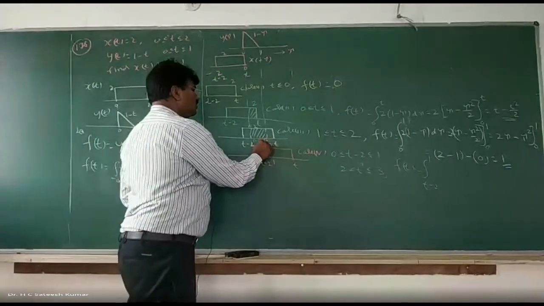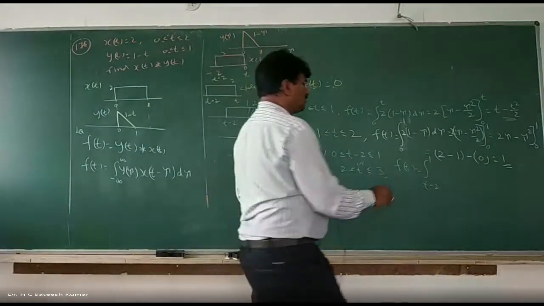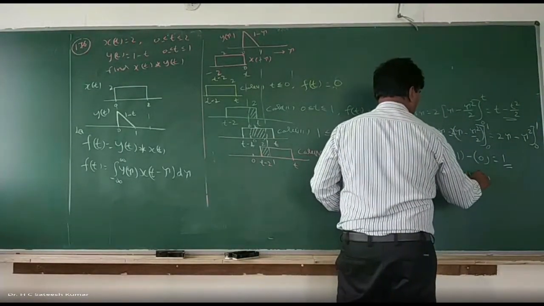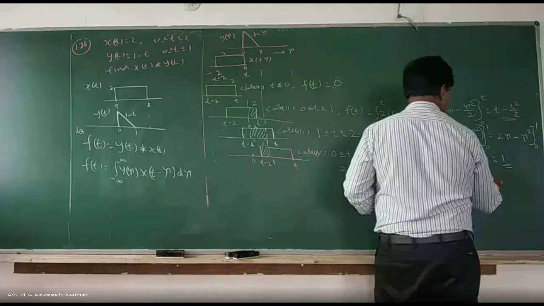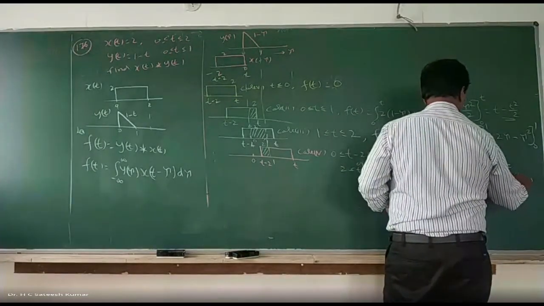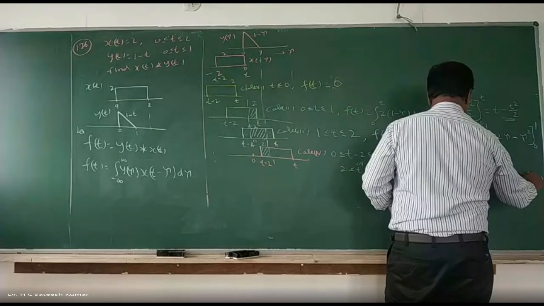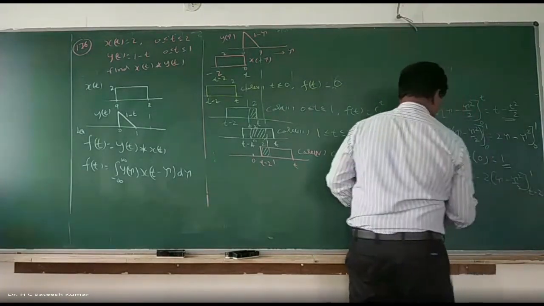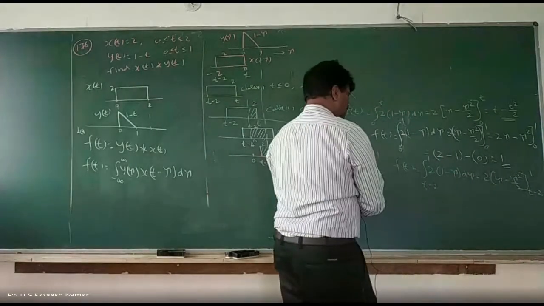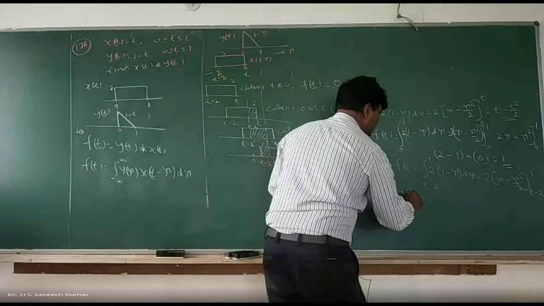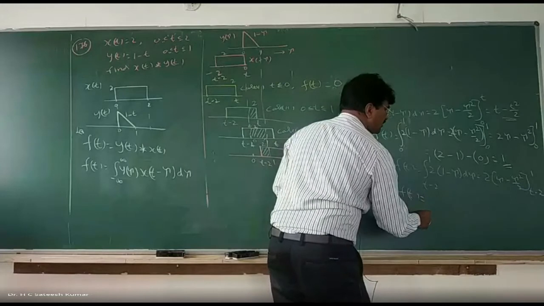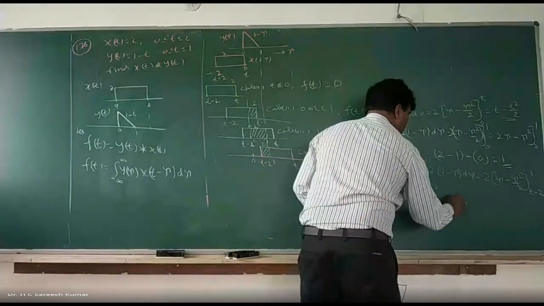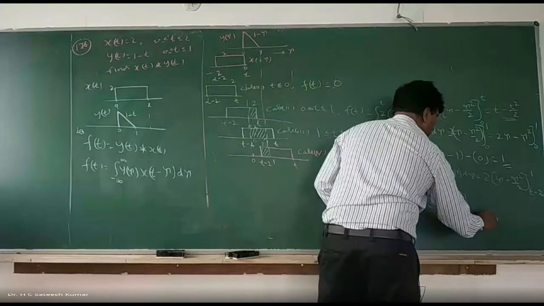Amplitude is 2. 2 into 1 minus tau d tau, which is equal to 2 into tau minus tau square by 2 between the limits t minus 2 to 1. F of t is equal to, multiply by 2 first, 2 tau minus tau square between the limits t minus 2 to 1.